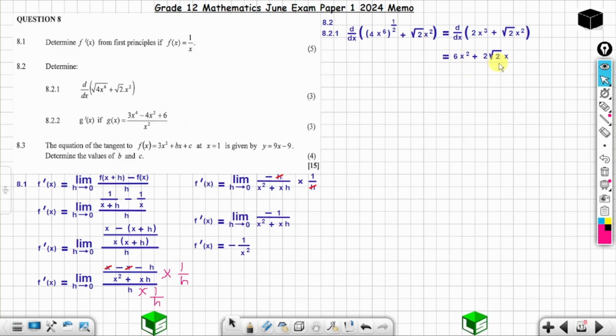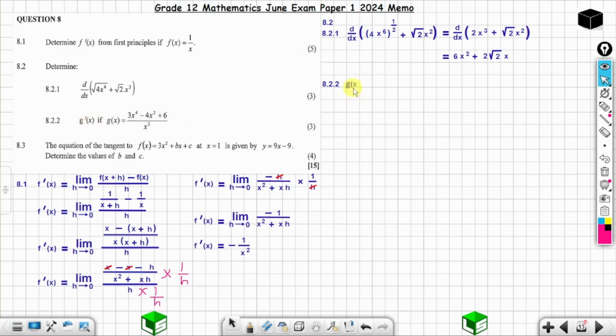Now question 8.2.2. Determine g prime of x if g of x is equal to this. 3 marks. You can rearrange what you are given before you can determine g prime of x.